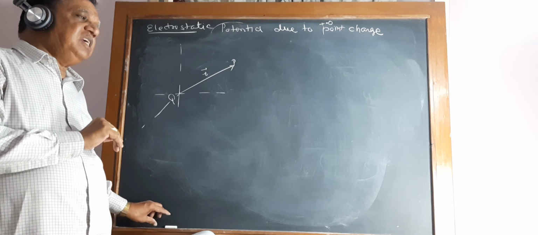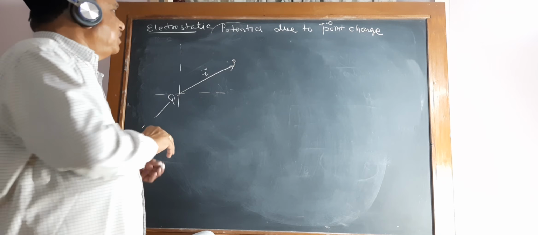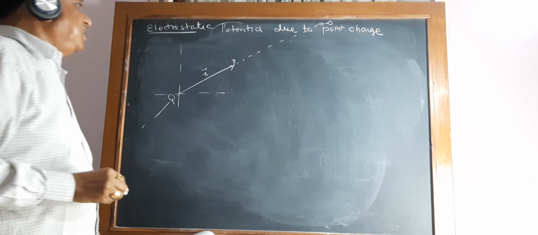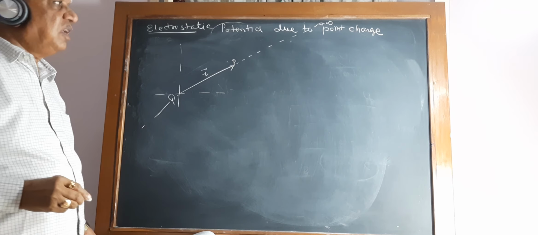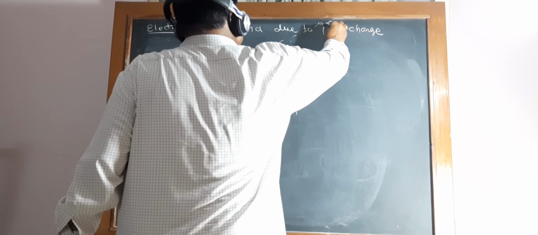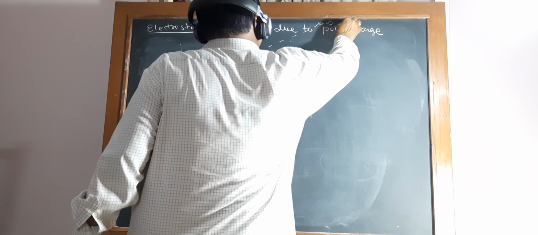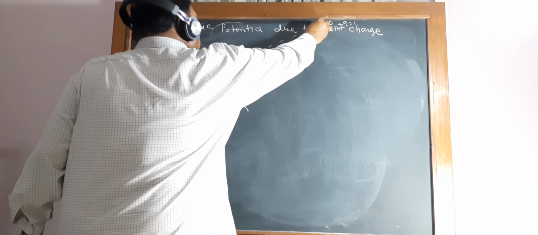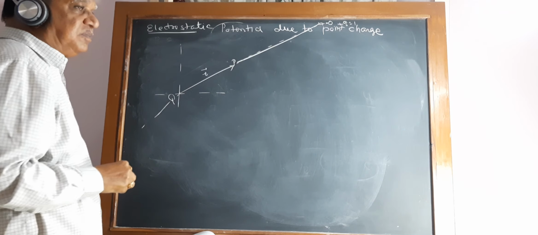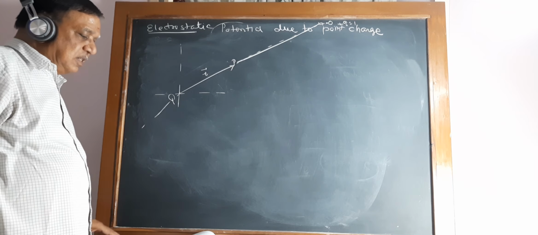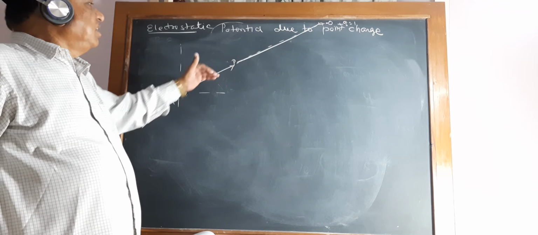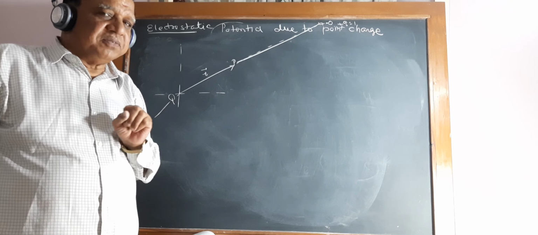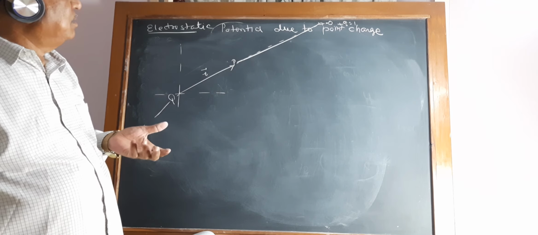For convenience, we are taking radial path, means on the same line, infinite to P. So it is actually positive charge at infinite, and we are bringing from infinite to P. Again, here force is variable, so we have to calculate the work by integration.